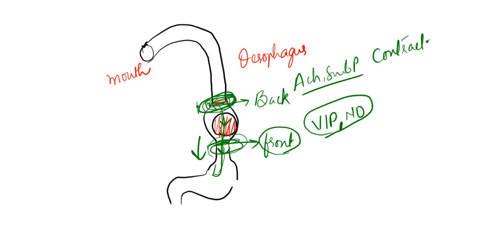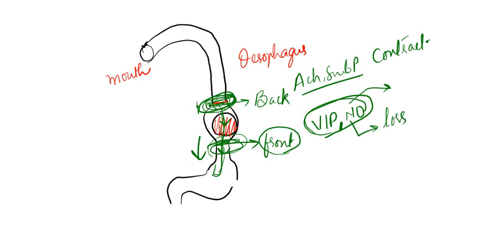Now I will ask you a question. Where are these two components present, vasoactive intestinal peptide and nitric oxide? Can anyone answer? So what happens if VIP and NO, that is nitric oxide, were lost?